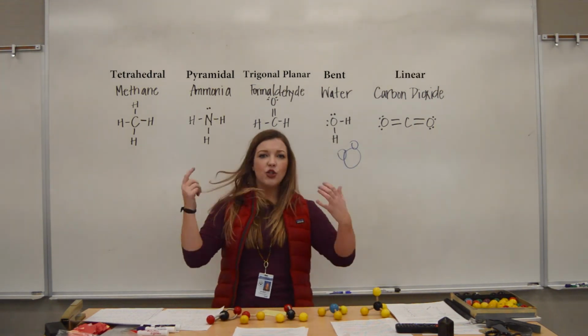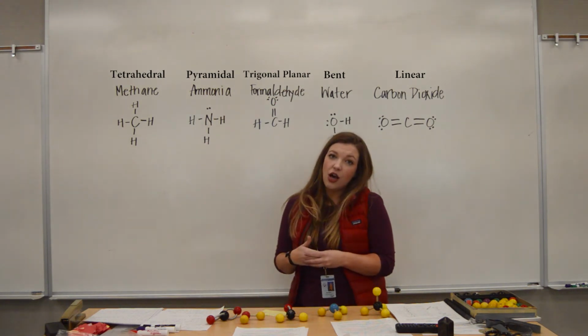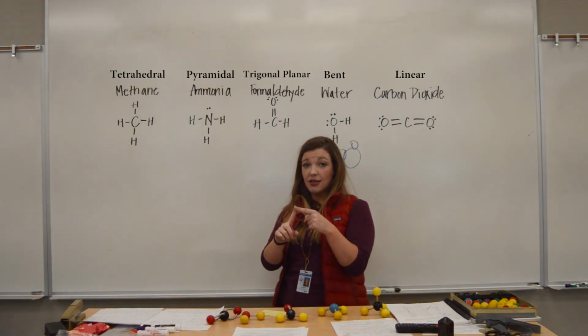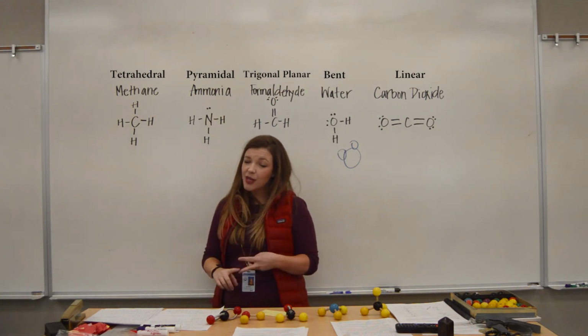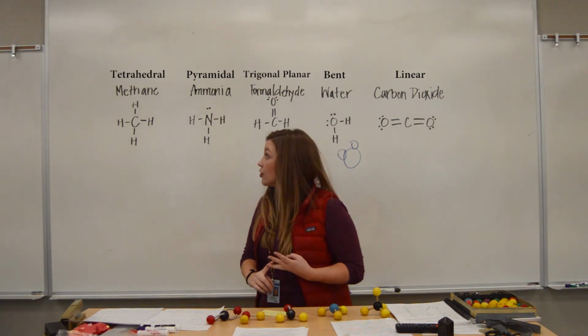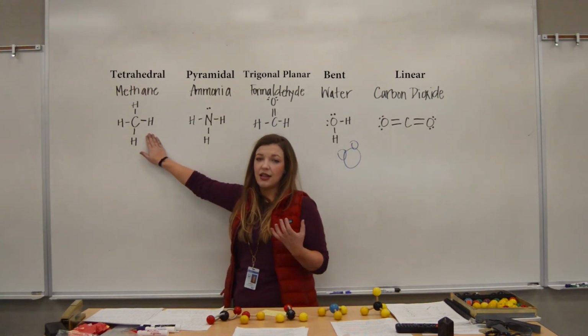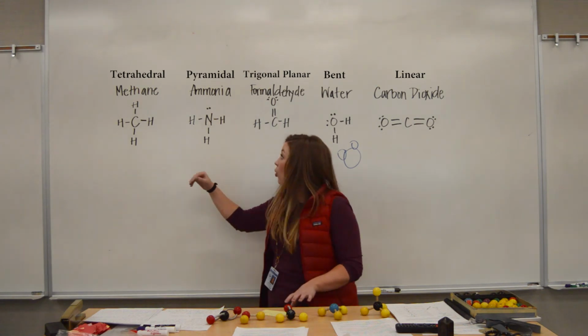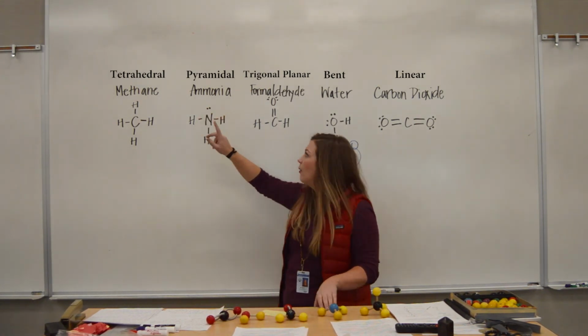Okay, which I also think is pretty self-explanatory. So as you go on to apply this concept, what do you need to know? Well, what you need to know is the names, how to get from the Lewis structure to the shape, and then the bond angles. So when you have 4 domains, that's tetrahedral, okay? When you have 3 bonding domains, 1 lone pair, we call that pyramidal.